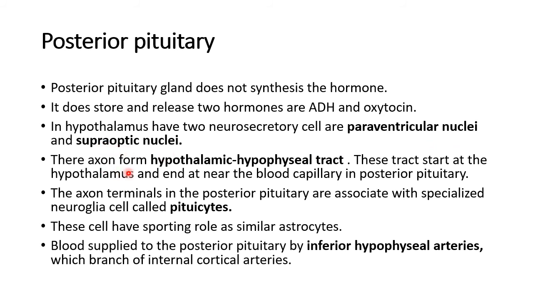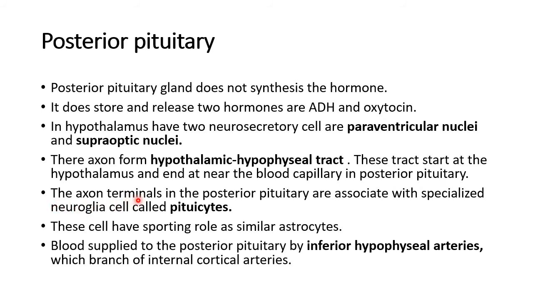The axons of these nuclei form a hypothalamic hypophyseal tract. Okay, their axons form that tract. These tracts start from the hypothalamus and end near the blood capillary in the posterior pituitary.